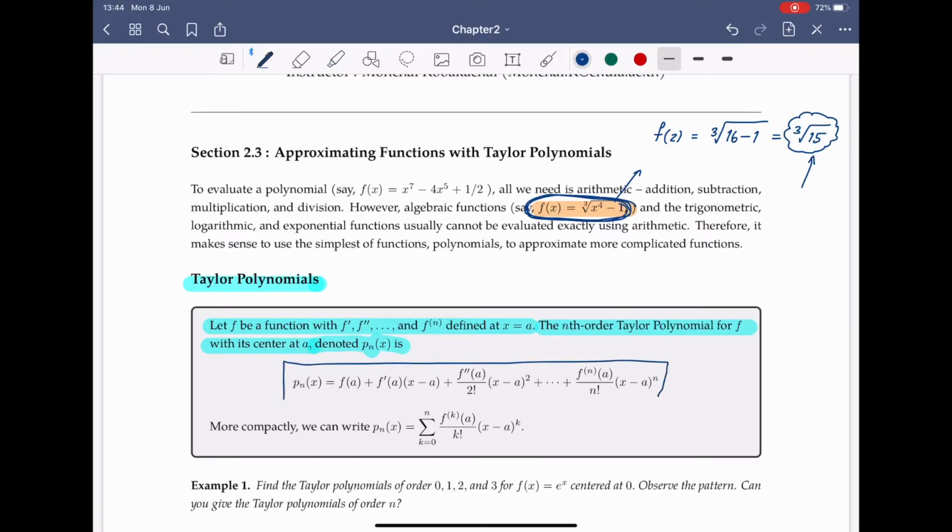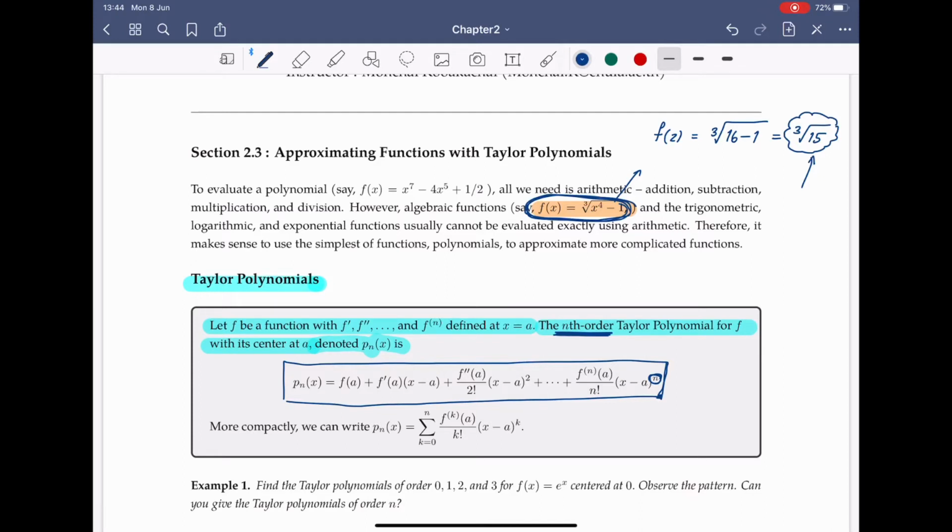So this is the formula for Taylor polynomials. You can see that this is the Taylor polynomial of order n. So we expand the polynomial up to the order n. That is the first thing you can observe here.